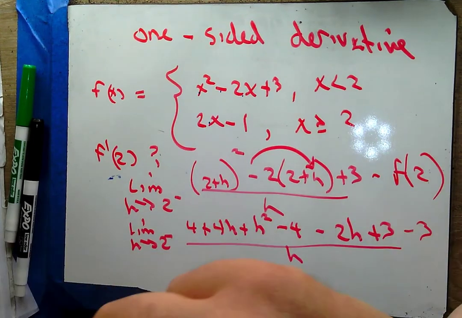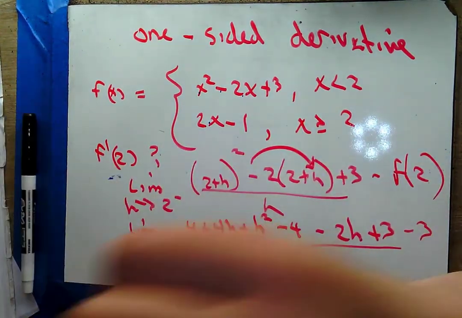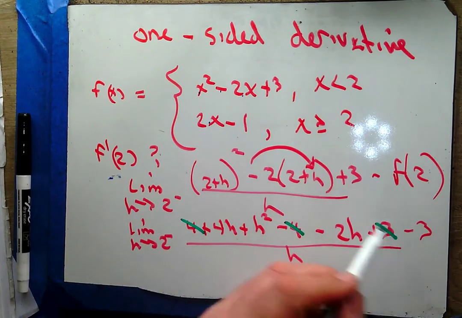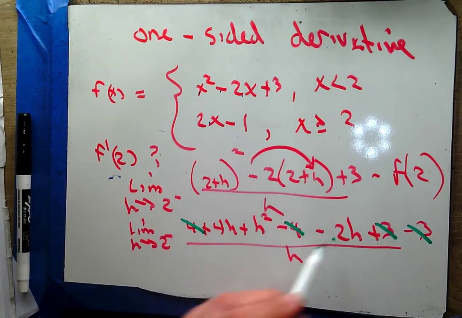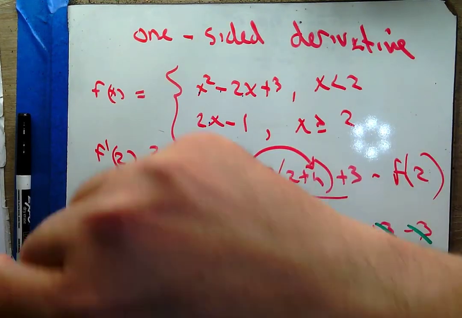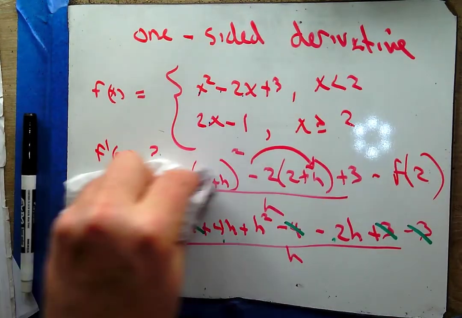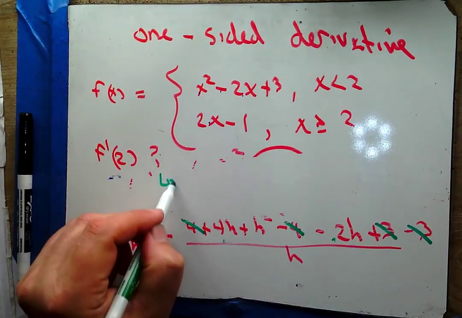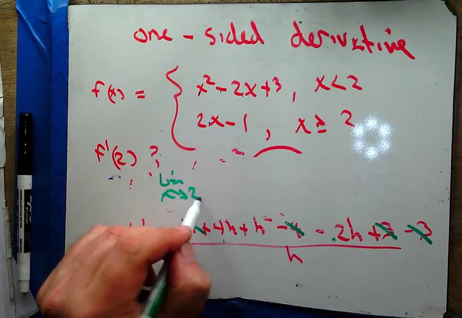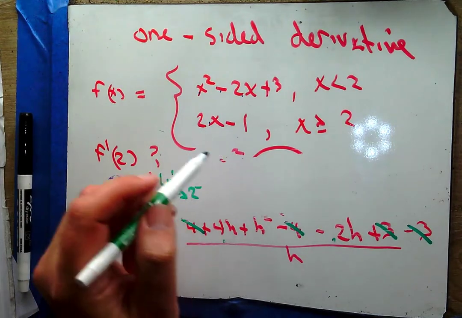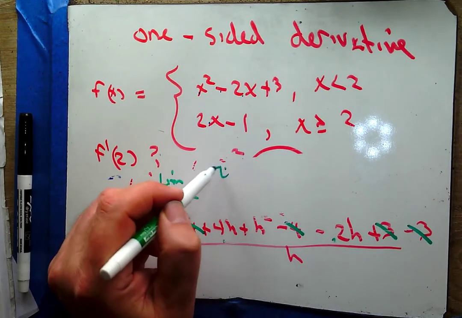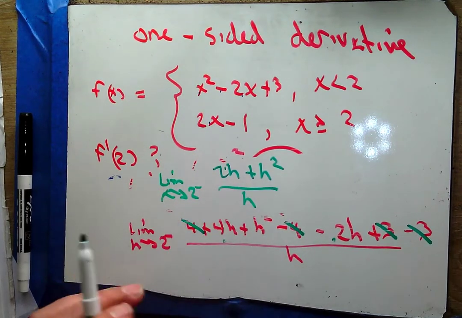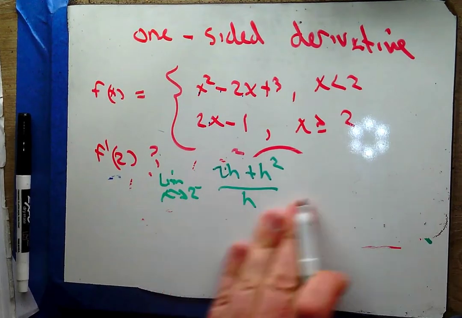Well, we see a lot of canceling here. This 4 cancels that 4, this 3 cancels that 3, and we can do some combining here. So we're going to have the limit as h approaches 0 from the negative side of 2h plus h squared over h. Well, that's much tidier.